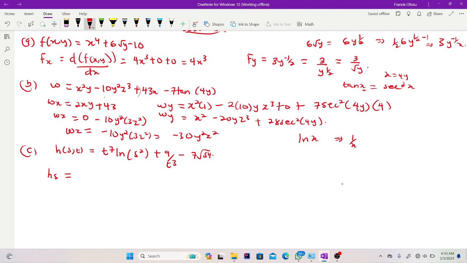It's simply the derivative of whatever you have in the argument over itself. So it's x prime over x, right? So here too, I'll differentiate what is in this argument over itself. So I'll have t to the power 7 times, when I differentiate this, 2s over s squared. Do I have s in the 9 over t cubed? I don't have, so it's 0.